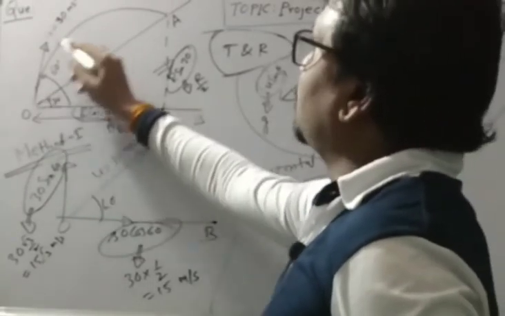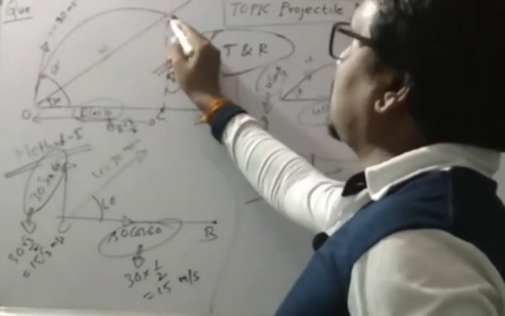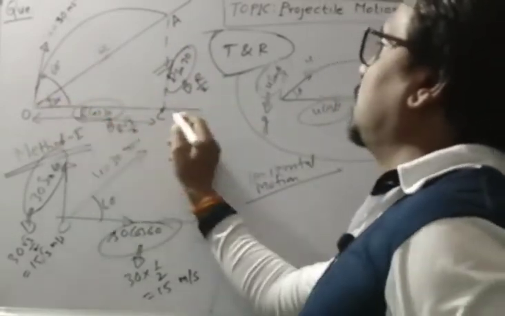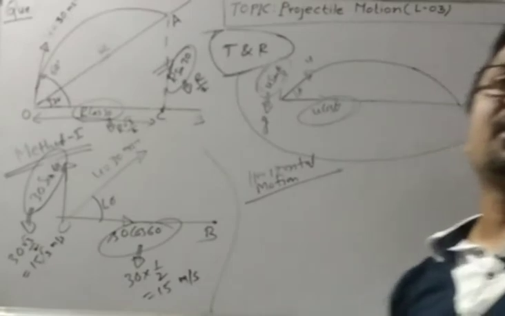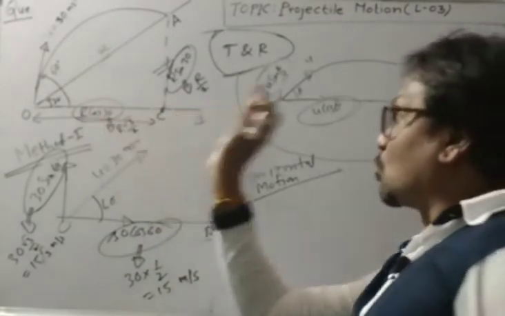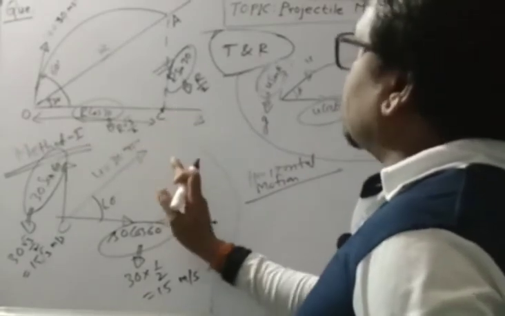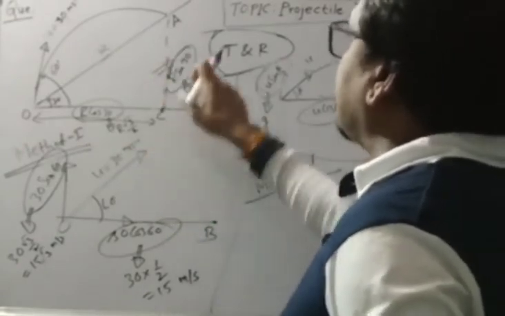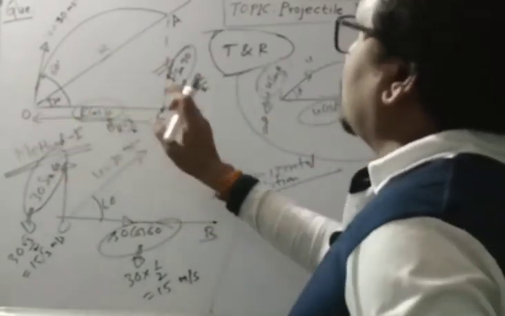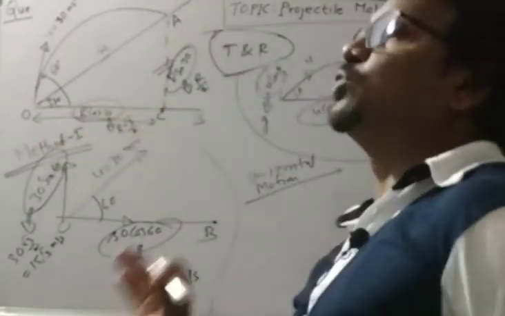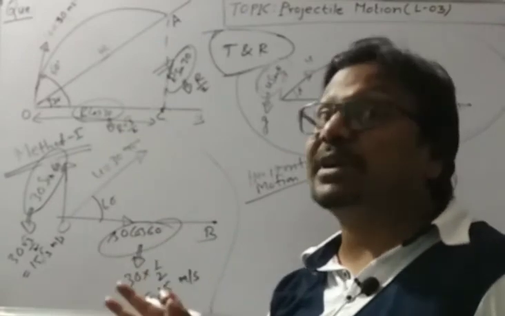While moving from this to this, the distance travelled in the horizontal direction, or x axis, is OC, that is r root 3 by 2, and the vertical distance is equal to AC, that is r by 2. Both the motions, horizontal and vertical, are taking place simultaneously.